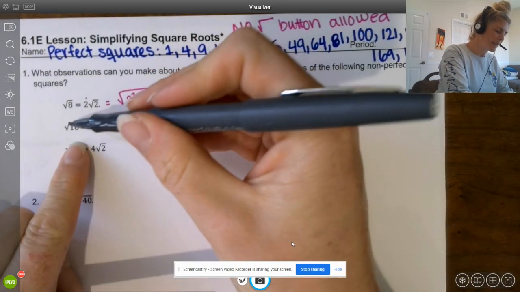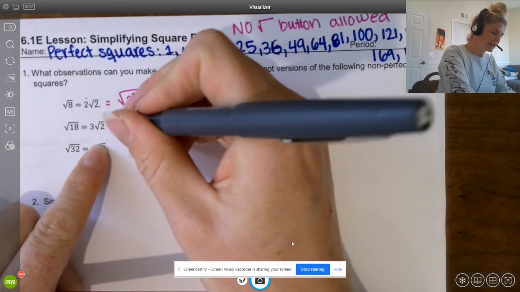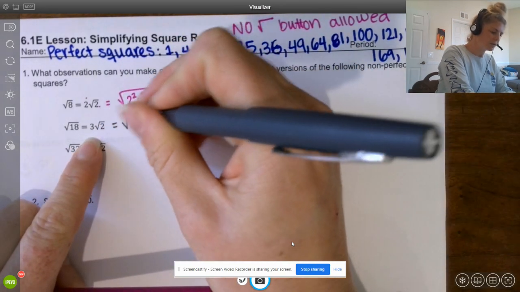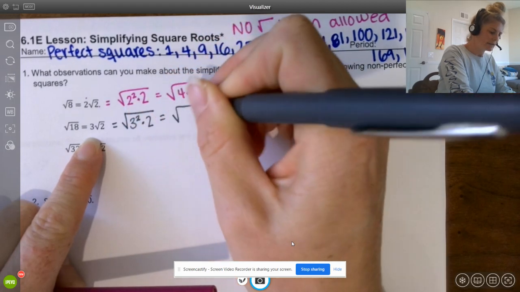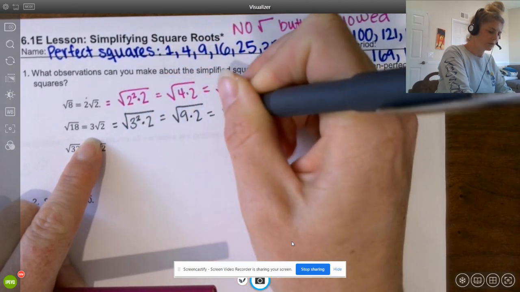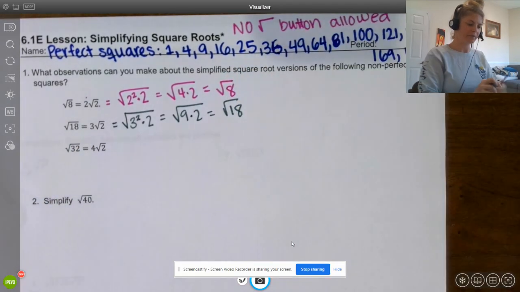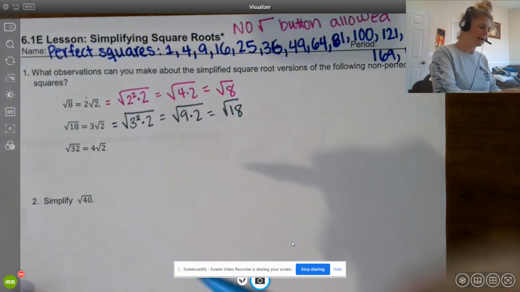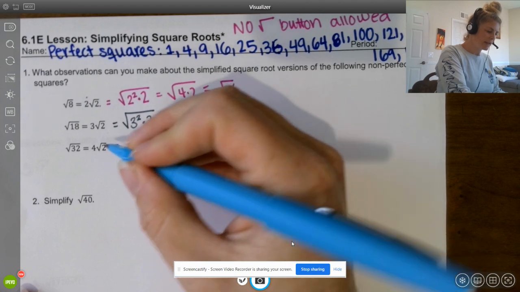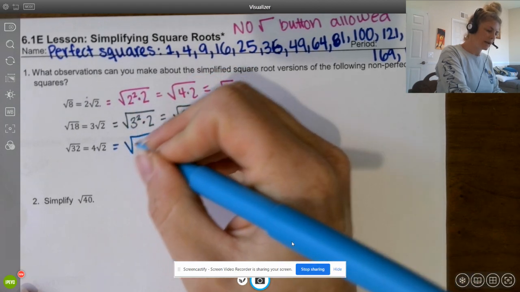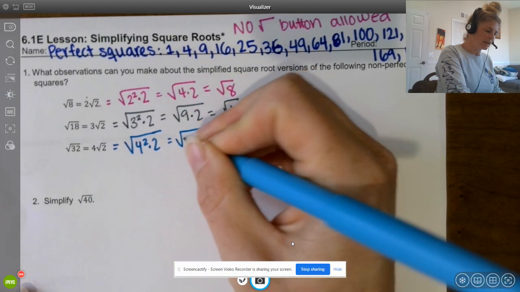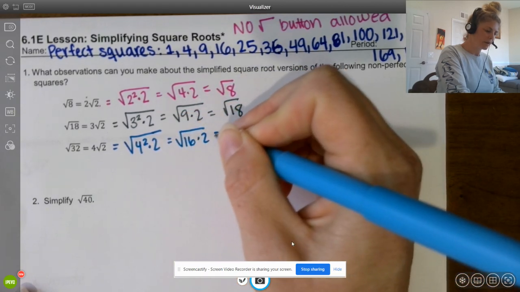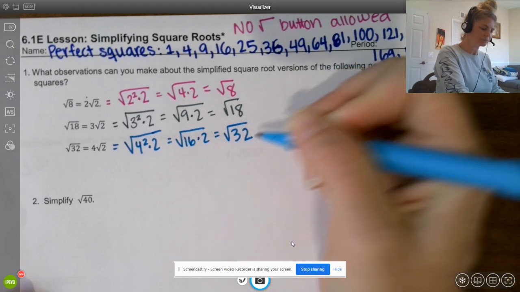The same thing with the square root of 18: I can square that 3, so it goes back inside, and this is 9 times 2, which is 18. Again, if I put that 4 back inside, I'd square it, and that's 16, which is a perfect square, times 2, which is 32.